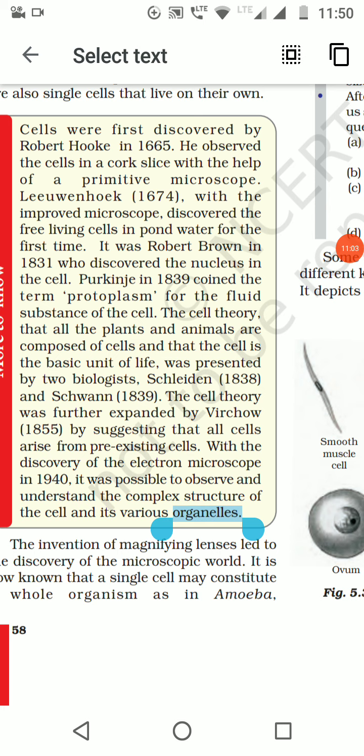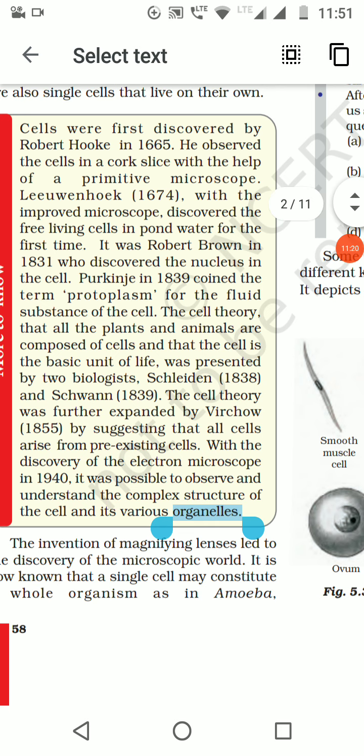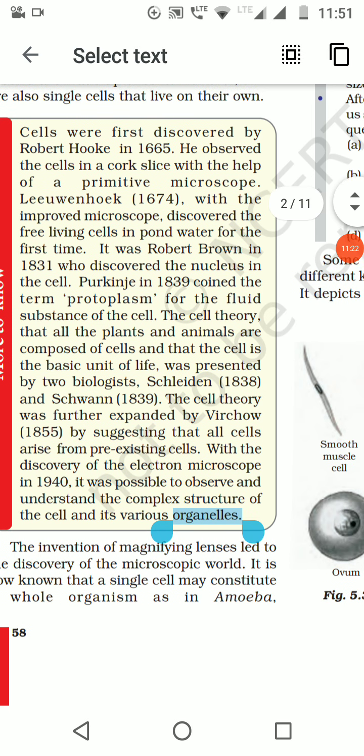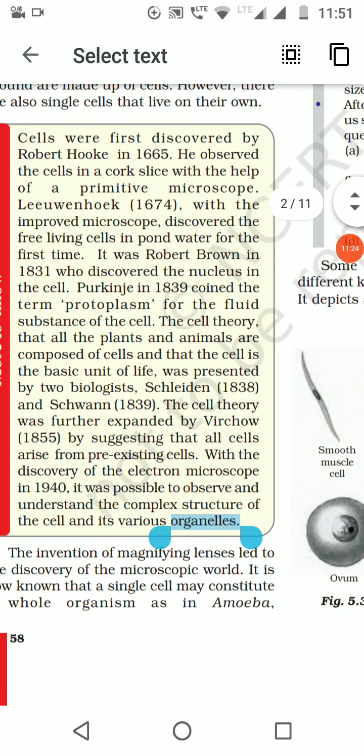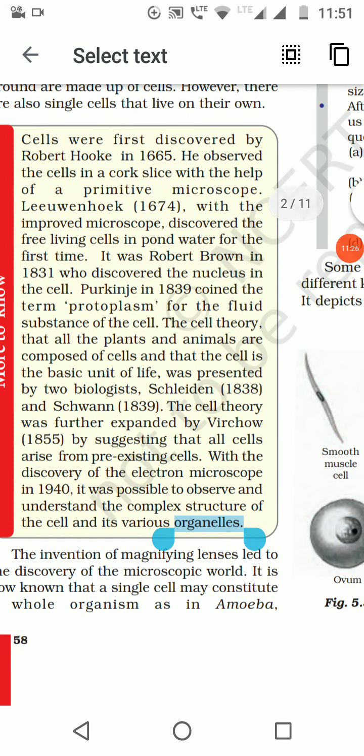The cell theory, that all plants and animals are composed of cells and that the cell is the basic unit of life, was presented by two biologists, Schleiden and Schwann. The cell theory was further expanded by Virchow by suggesting that all cells arise from pre-existing cells. With the discovery of the electron microscope in 1940, it was possible to observe and understand the complex structure of the cells in various organelles.